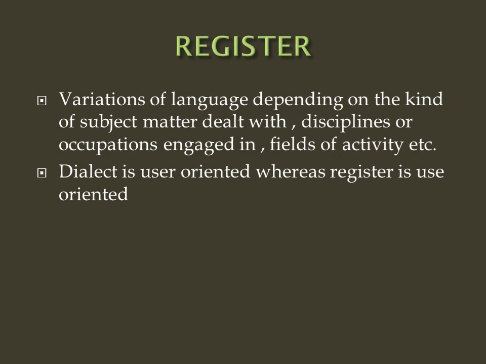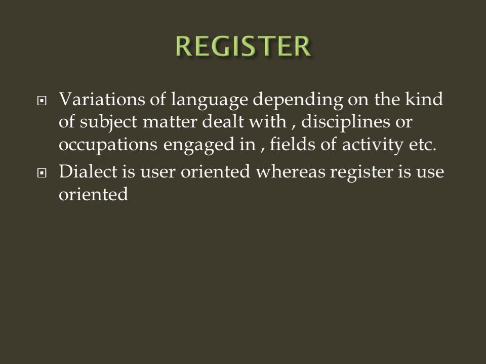Now the last one is register. Apart from the regional and social variations, there are variations of a language depending on the kind of subject matter dealt with or the disciplines or occupations engaged in or the fields of activity, etc. So such varieties with features determined by the context or the field of discourse are referred to as register.